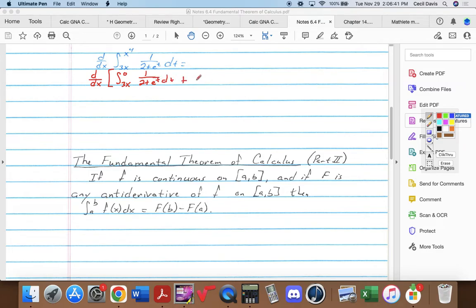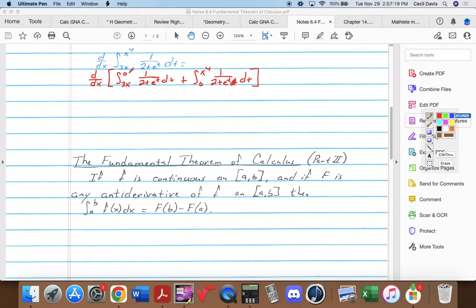plus, what would I have to write here? 0 to x to the 4th of 1 over 2 plus e to the t dt. And now we can do exactly the same thing we did on the last problem.